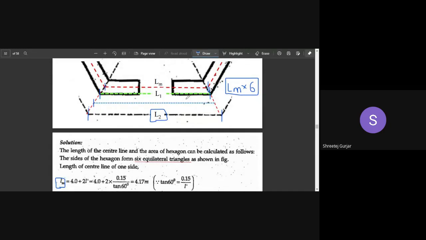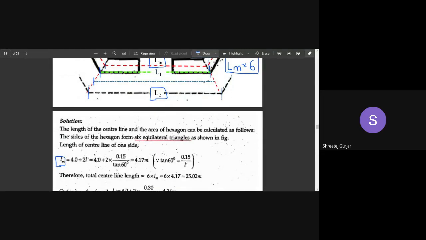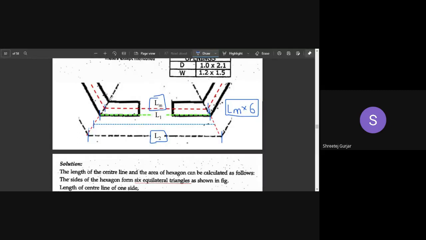So let us look into the calculation part. First we need to calculate this LM. The in-to-in distance we know is 4 meters, from here to here.